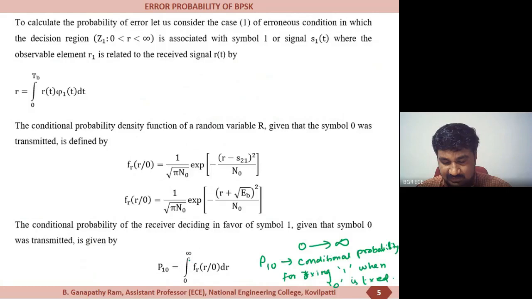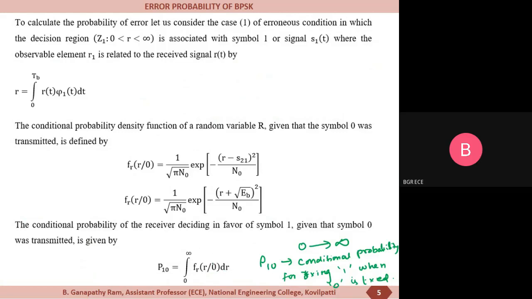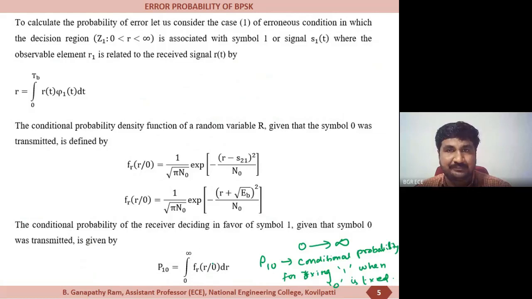So it can be represented as the integral of f_R(r | 0) dr between 0 to infinity.